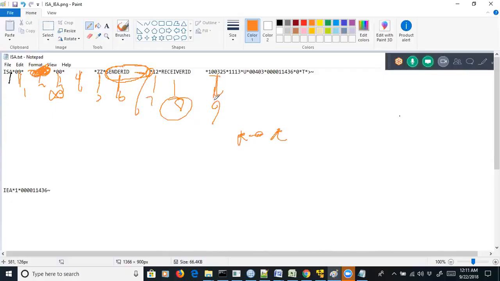Okay, 10th is your date when this interchange is created, and the 10th field is time, right, when this interchange is created. So 9 and 10 is date and time when this interchange is created. So this is simple.